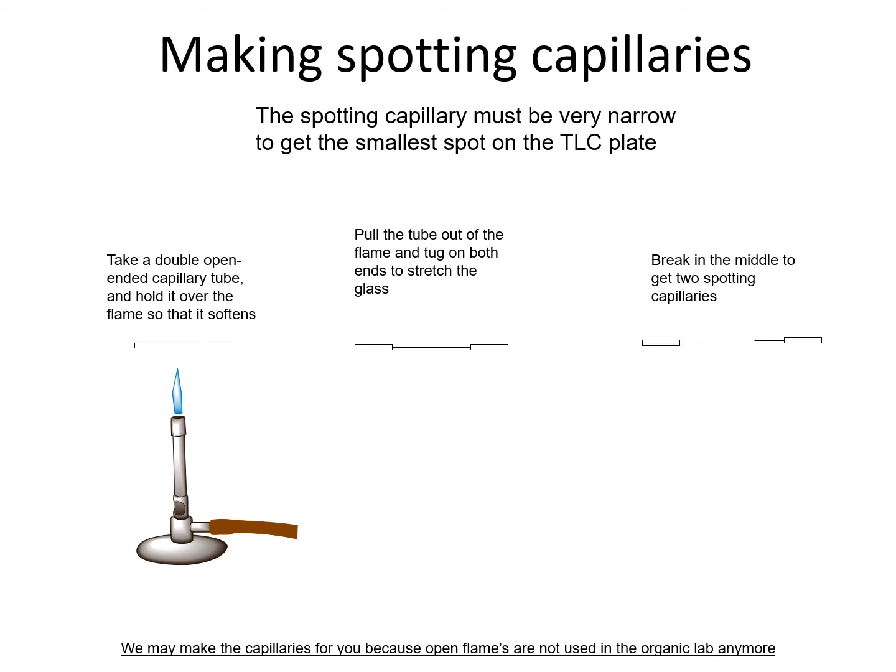You hold the capillary tube at the middle near the flame, and after some time you will see the capillary tube soften. Then remove it from the flame and pull from both sides, and you will see the capillary tube stretch like plastic. Let it dry, which happens in an instant, and then break it in the middle, and you'll use this narrow opening to spot your samples.